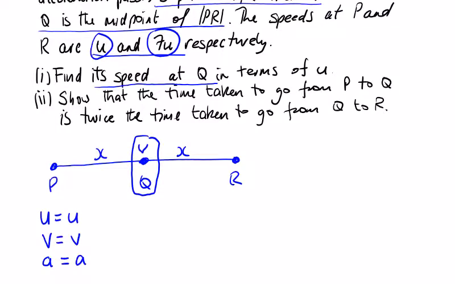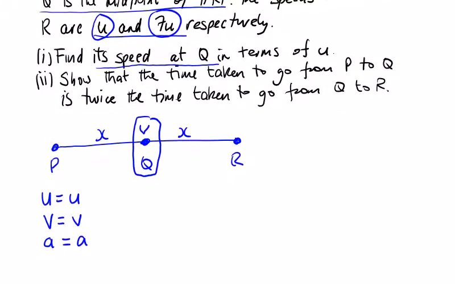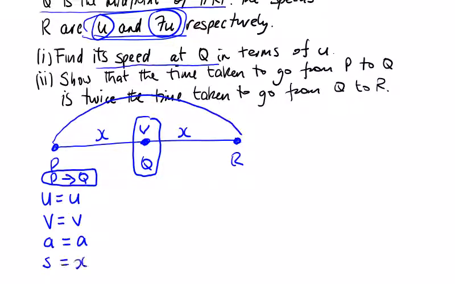We don't know a, so this is P to Q, and because we have the final velocity at R, we have u and 7u, so we may go P to R first here, and we know the distance is x.